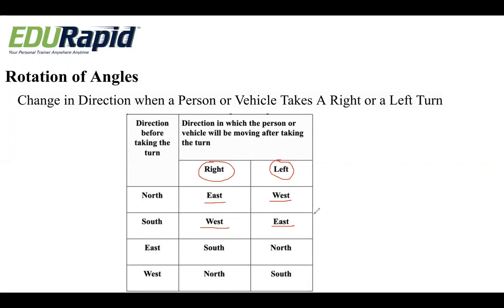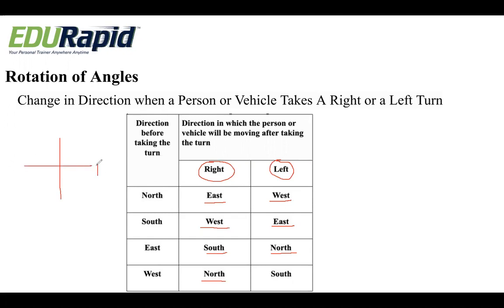So whenever there is a direction related question, you need to clearly understand where the directions are. If somebody is going in the east direction and makes a right turn, they will be going south. If somebody is going east and makes a left turn, they will be going north. Let me write the directions here.